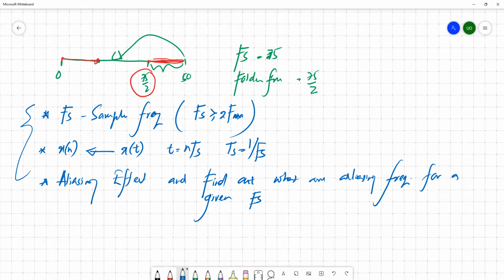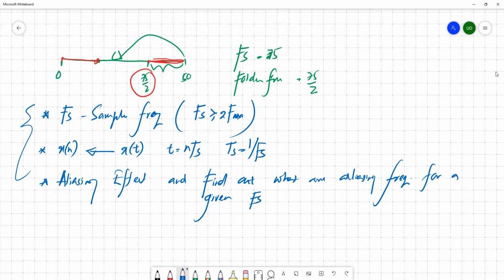By applying the conventional substitution. What is the relationship between continuous and discrete frequencies, sampling period, sampling frequency, and so on? Then how do you explain the aliasing effects? By mapping the entire frequency domain of the continuous signal considering the folding frequency, you should be able to find the aliasing frequencies for a given sampling frequency through this simple analysis.